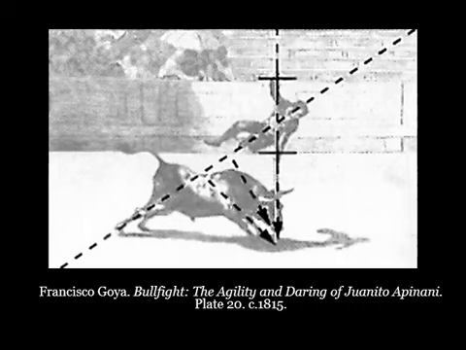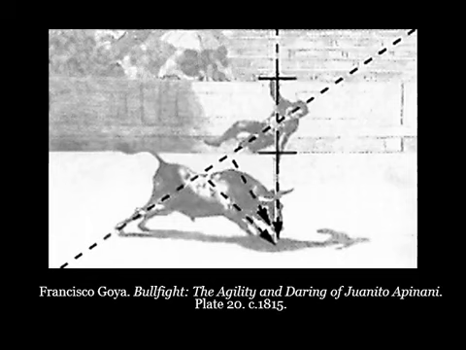So in this diagram, look at how the bullfighter has been placed on a hard diagonal line that runs the full composition of the work. It runs from corner to corner. Notice how the fighter's leg helps to reinforce this hard diagonal line.